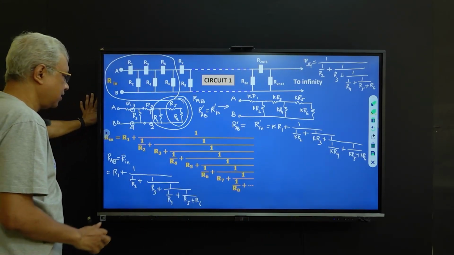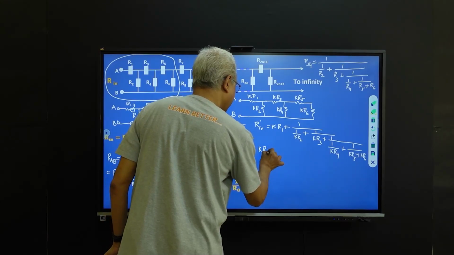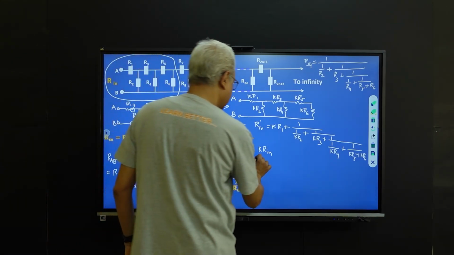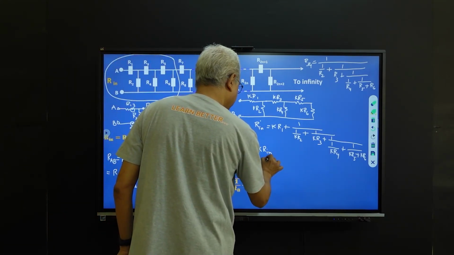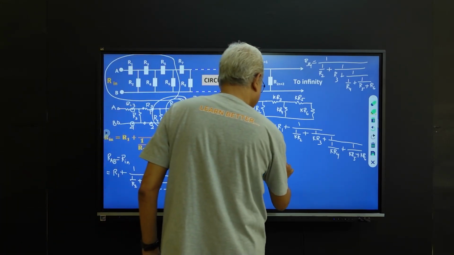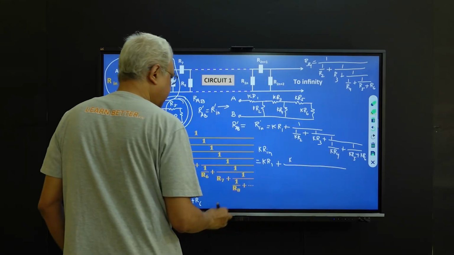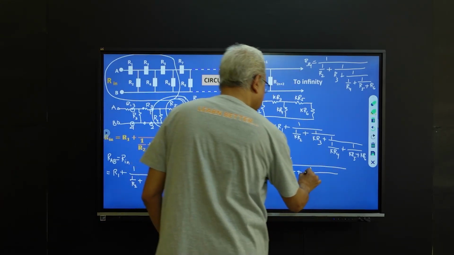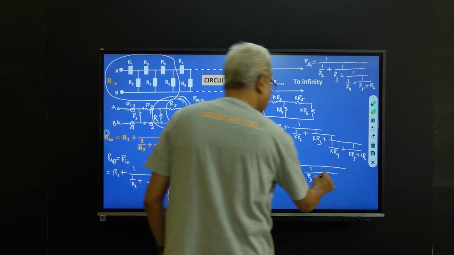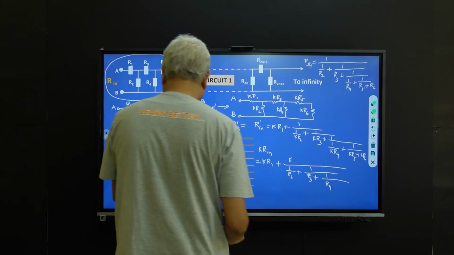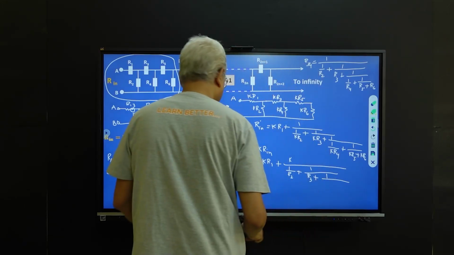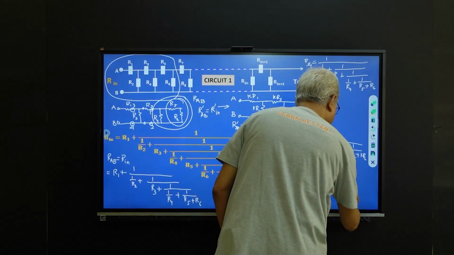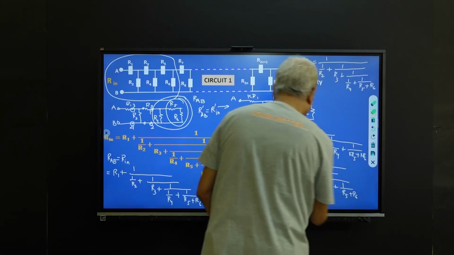Okay, now just think of this expression, K times RE. K times RE means you have to multiply this term by K. So if I call it K times RE, it is K times R1 plus K by 1 by R2 plus 1 by R3 plus 1 by R4, 1 by R4, sorry, R5 plus R6. Remember there is a K over there.